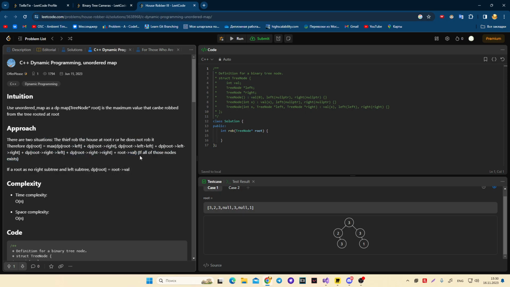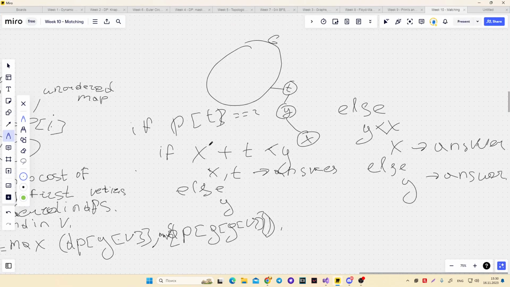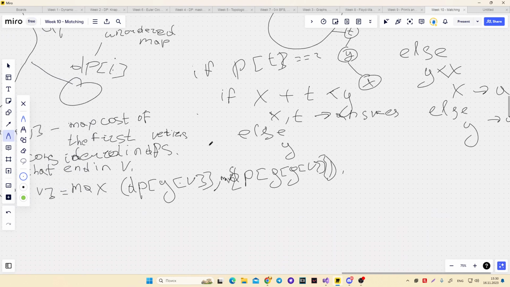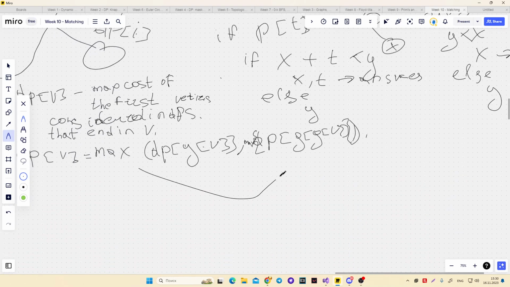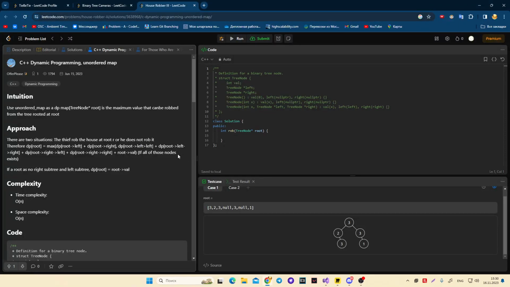We consider only binary trees, so we can consider it like this. And what am I doing? This will be the same, I think.